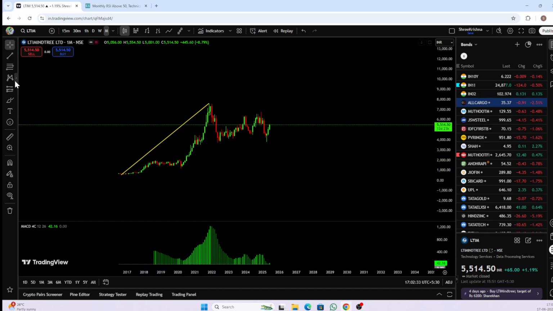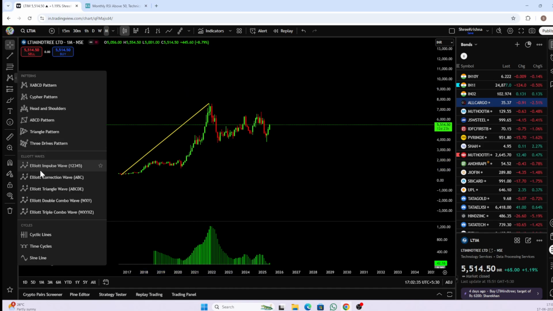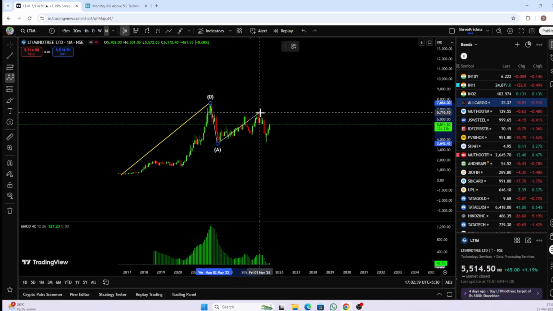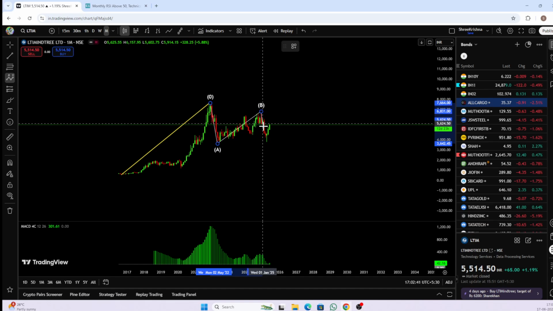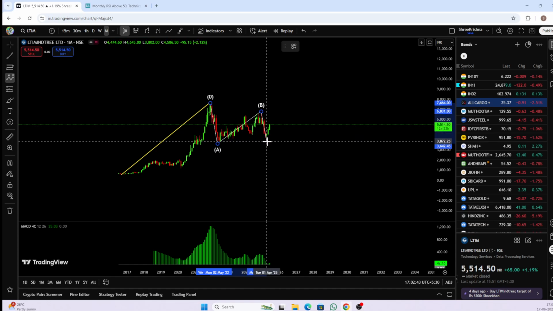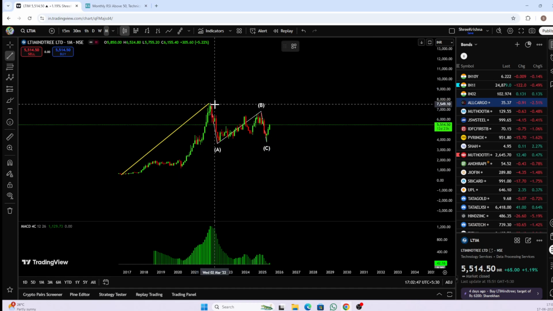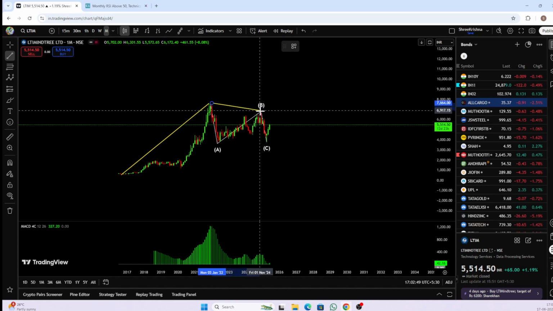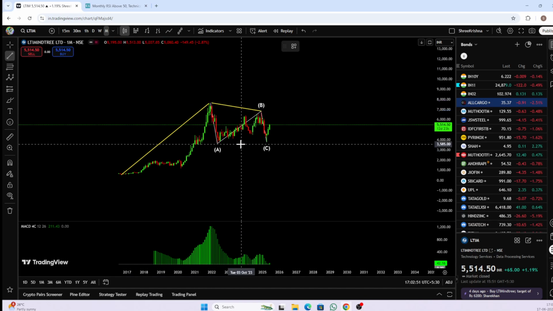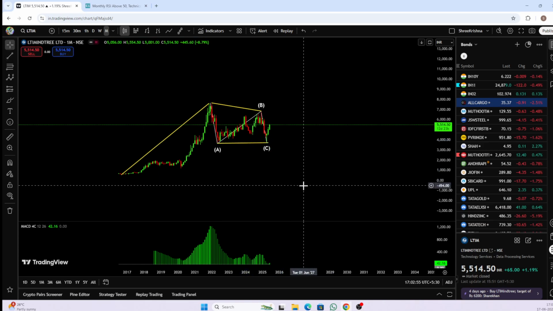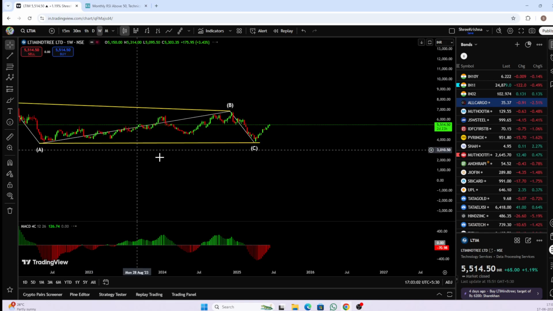Once stroke 1 is completed in visual representation, we have this A, B, and very likely a C here, which exhibited a running flat. Running flat in the sense that the trend has terminated before the measured move, or before the indication of the move.